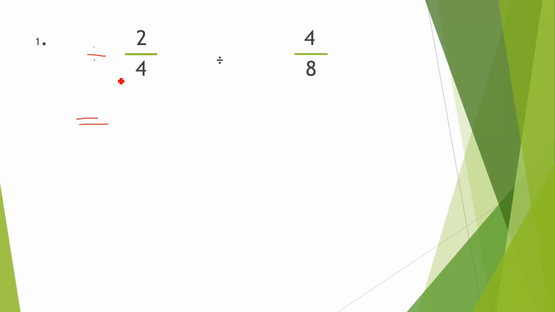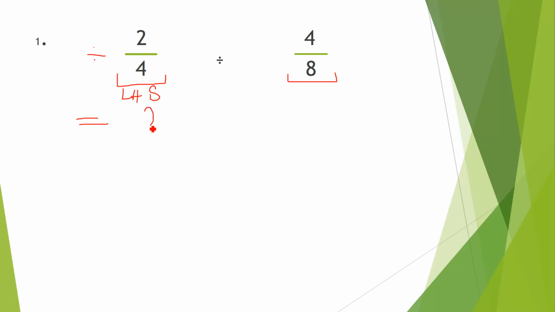This is called the left hand side and this is the right hand side, because this fraction is on the right hand side of this division symbol, and this fraction is on the left hand side of this symbol.